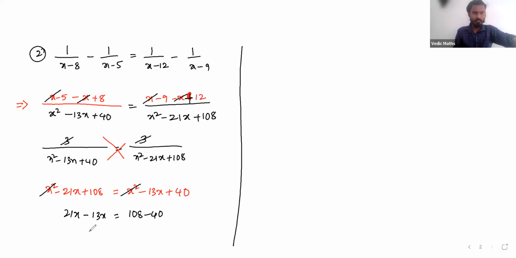So how much are we getting here? 8x is equal to 68. So x is equal to 68 by 8, which is 17 by 2. So your x value here will be 17 by 2.